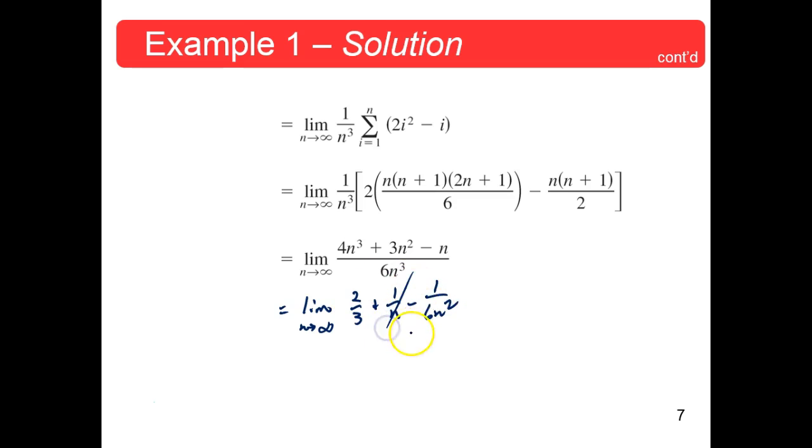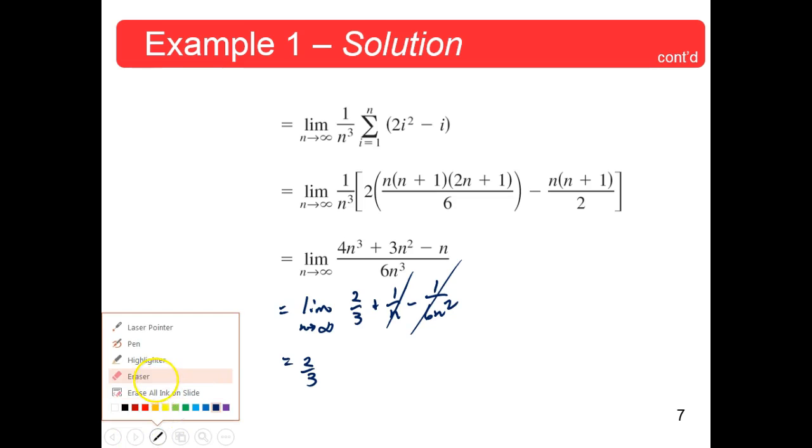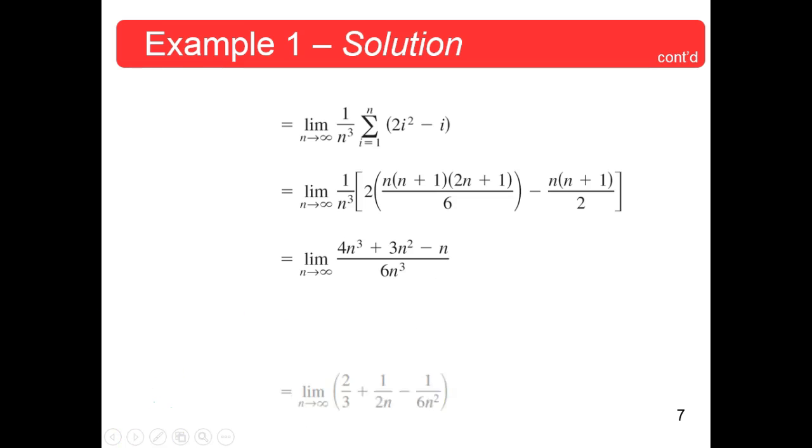Well, that goes to 0, that goes to 0, as n goes to infinity, so your limit here is 2/3. Okay? Now, I think I need to erase that so we can read their writing, and that gives you that exactly like we did, and the limit is 2/3.